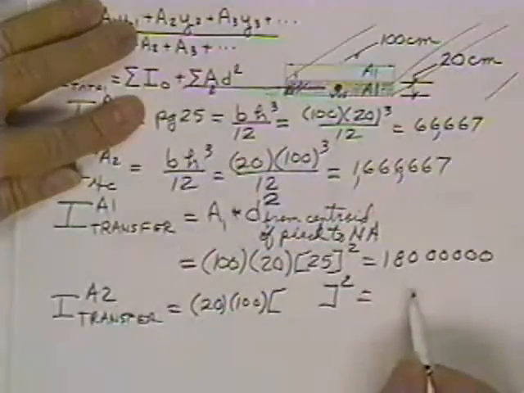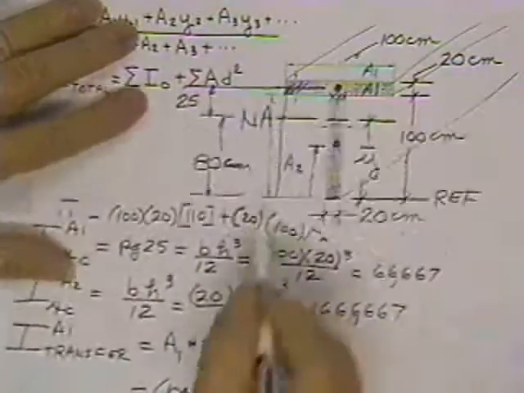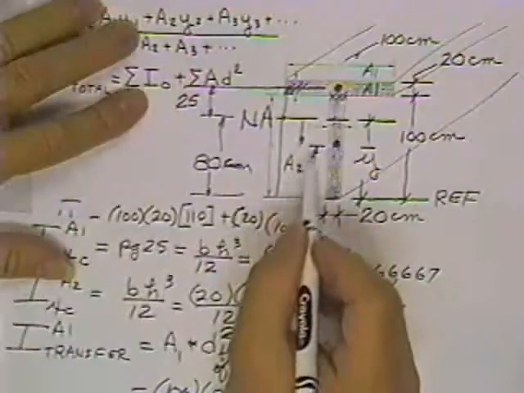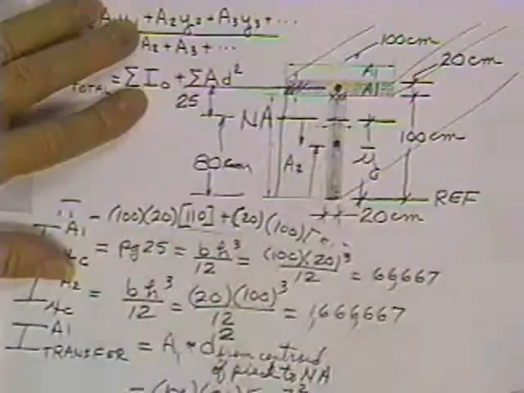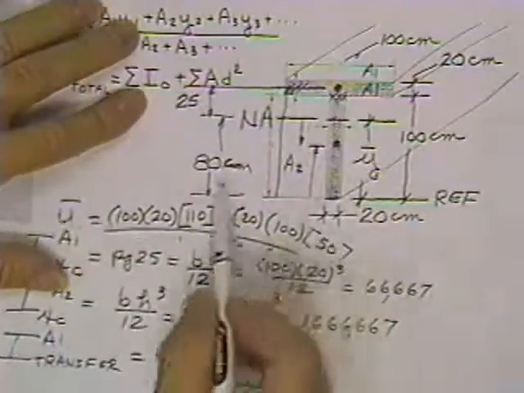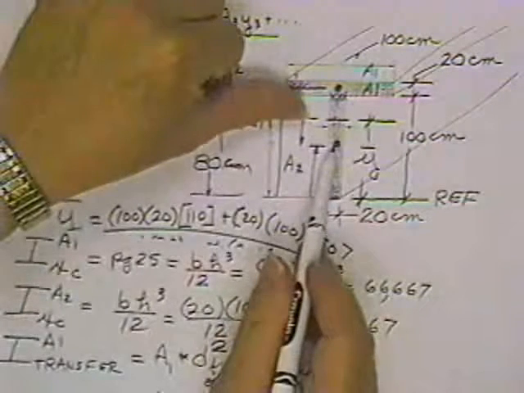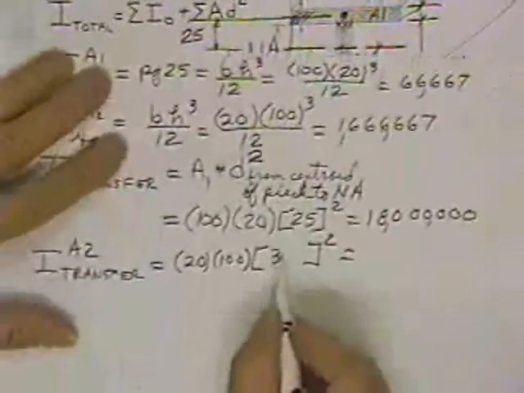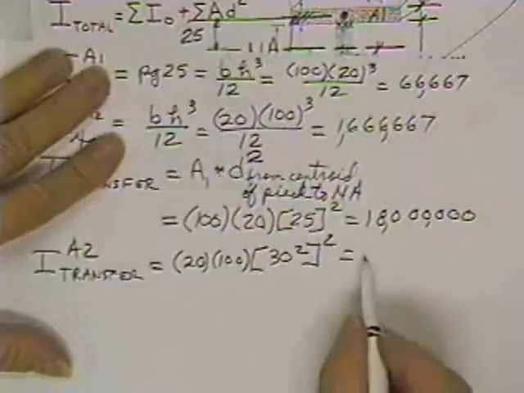Count them rascals. 6 zeros. 1, 2, 3, 4, 5, 6. All right, so that's 18 million. Now the question is, how far is it from here to here? That's the distance area 2 is away from the neutral axis. Well, this was 80. The centroid was 50, so it is 30 centimeters away. So we have 30 squared. What do you get for that?